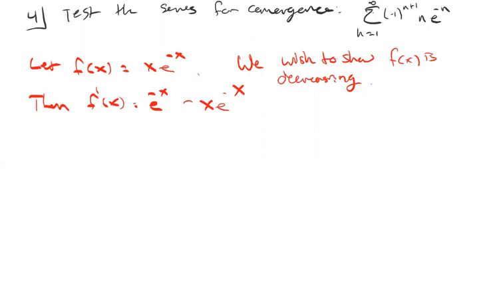So then we can set f prime of x to be less than 0, and we want to find the x values that make that true. Okay. So let's say e to the minus x minus x e to the minus x is less than 0. We can factor out an e to the minus x.